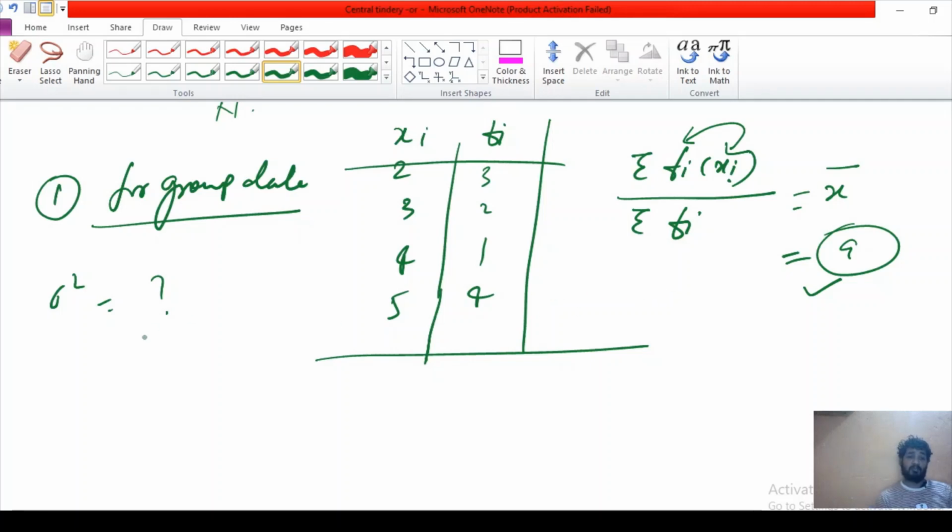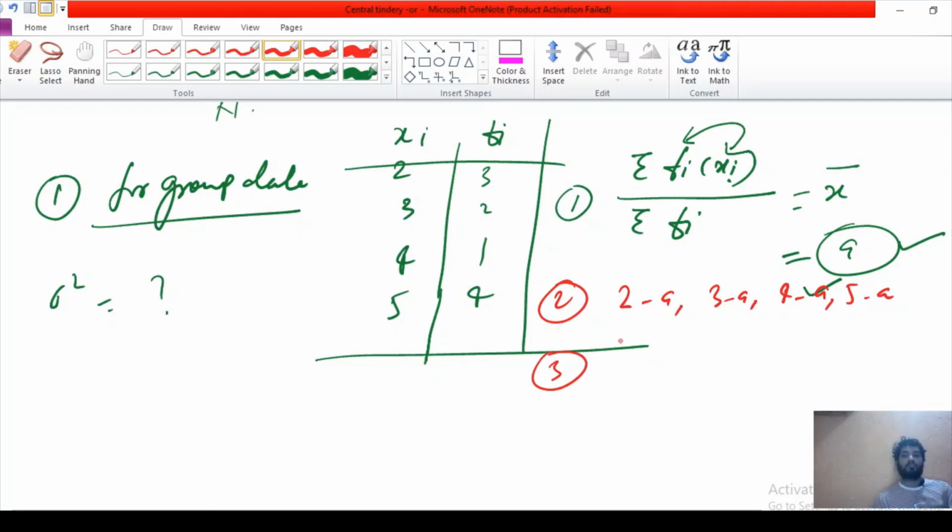First step, find the mean, and we can say a. Second step is find the deviation, right. So each observation, 2 minus a, 3 minus a, 4 minus a, and 5 minus a, this is our deviation. Third step is squaring of all the deviations, right. (3 minus a) square, (4 minus a) square, and (5 minus a) square, right. This is our new observations, we can say.